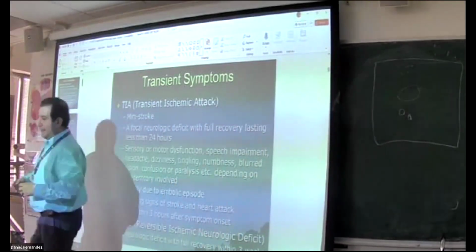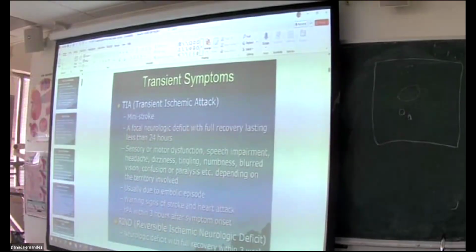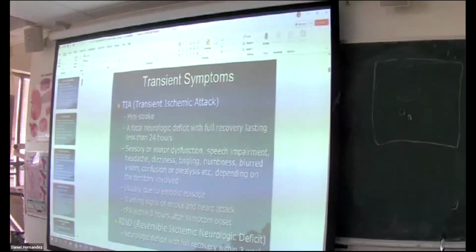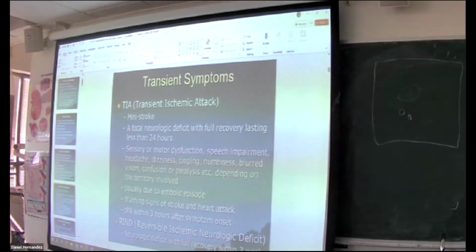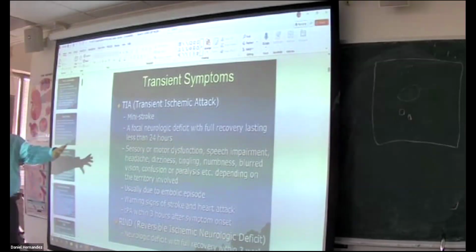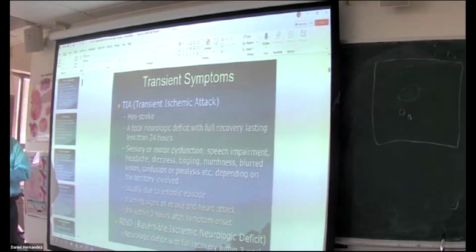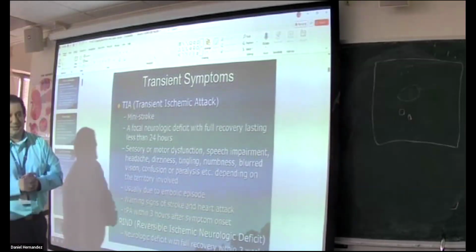So moving from TIA in terms of severity, we enter into what's called a RIND. The RIND refers to reversible ischemic neurologic deficit. So these are patients who have their stroke symptoms, but they last longer than 24 hours, but less than 3 weeks.